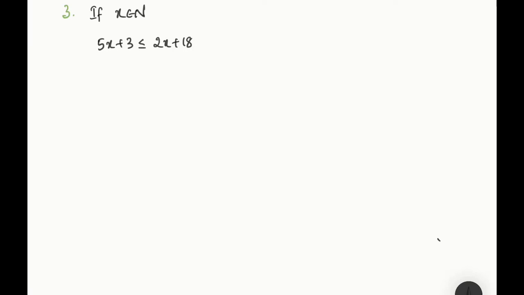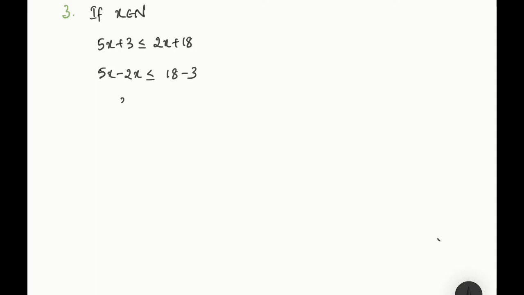Okay, so let me take all the x terms to one side and numbers to the other side. So all these are positive. So when it is transferring to the other side, according to our first rule, it becomes negative, right? So 5x minus 2x less than or equal to 18 minus 3.